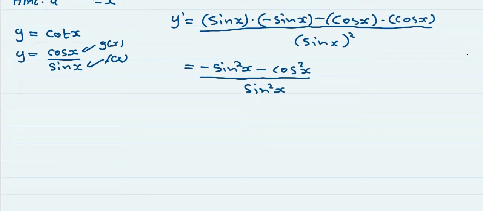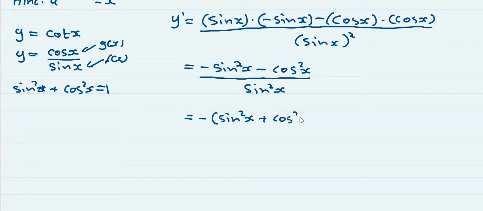So we can take negative as a common factor because according to our identity, sin squared x plus cos squared x equals 1. Then we use the identity, so we take negative 1 as a common factor, then roll negative into sin squared x plus cos squared x, all over sin squared x.